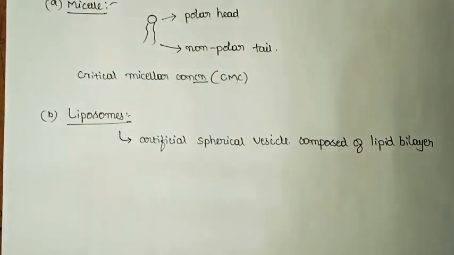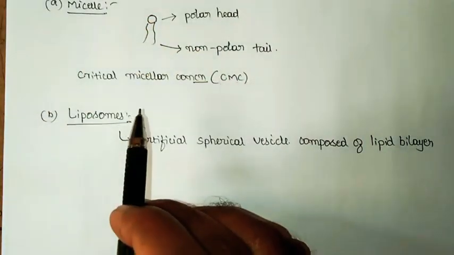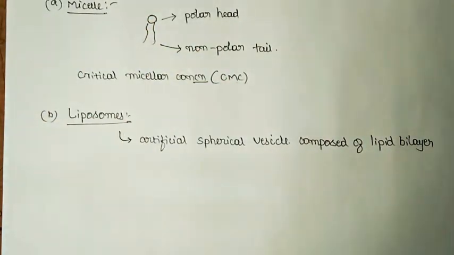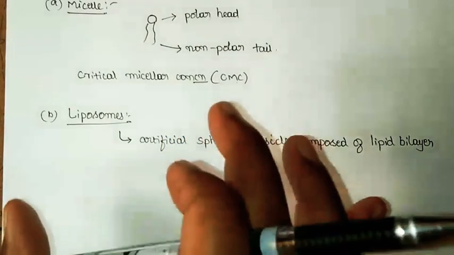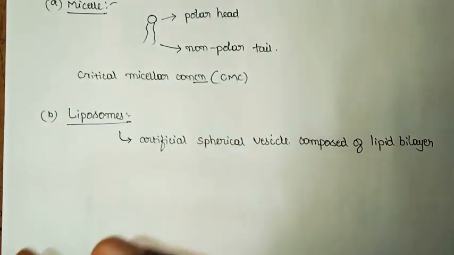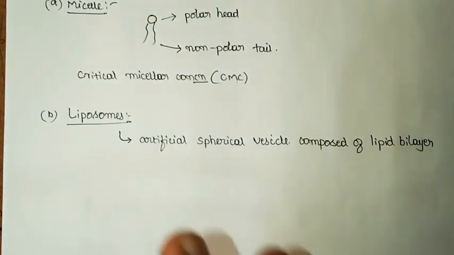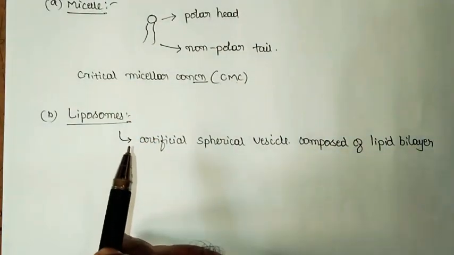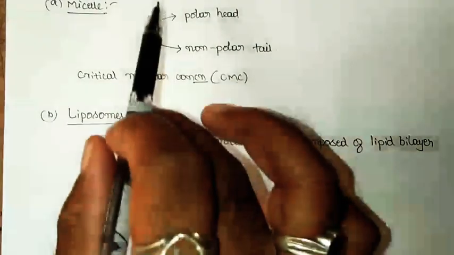In order to cure a particular type of disease, if we are supposed to send a drug intravenously, and if that drug does not dissolve in water and has to act on a particular part of the body, then the drug molecule will be encapsulated within the liposome, which will be introduced into the body and travel through it.